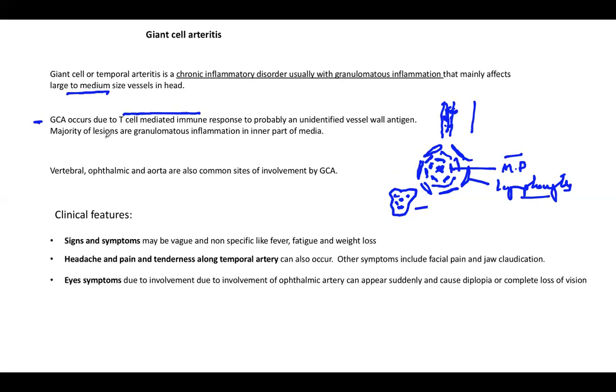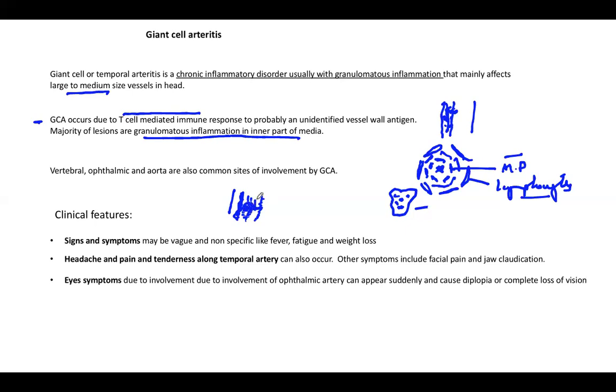So the majority of lesions are granulomatous in giant cell arthritis, in the inner part of the media. We know the vessel wall has intima, and then it has media. The media consists of smooth muscle cells, and then there is adventitia outside. So intima is endothelium, and this is inner media, this is outer media. The inflammation starts here and progresses to granuloma.